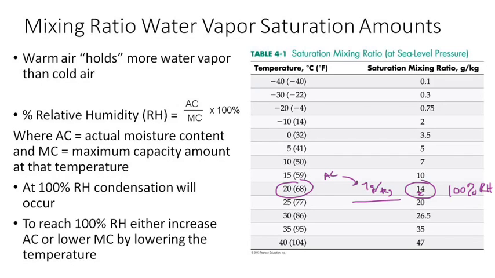If you are at 20 degrees Celsius, then your maximum is 14 grams of water vapor per kilogram of air. So of course 7 divided by 14, and I'm going to get it in parts per 100, that will give you 50% relative humidity. Does that make sense? You're halfway there. I hope so. And again, I've got some examples coming up.